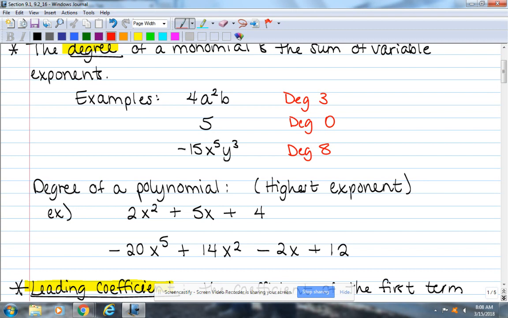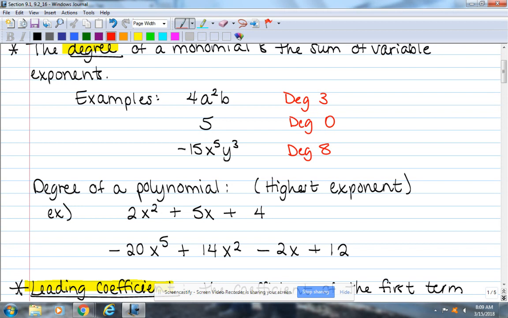And if you have a polynomial, which is a bunch of monomials added or subtracted together, so we'll see pluses and minuses, the way you get the degree of the polynomial is you find the biggest monomial degree. So you separate them out, and it's usually your highest exponent, but if you have more than one variable, it's your highest degree.